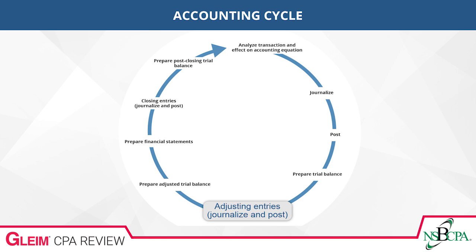In some cases, we recorded the initial entry, but now need to update the figures so that our results correctly represent the financial position and activity of the company under GAAP, generally accepted accounting principles. The matching principle and revenue recognition principle should be your guides for this process. Let's go over some common adjustments together.